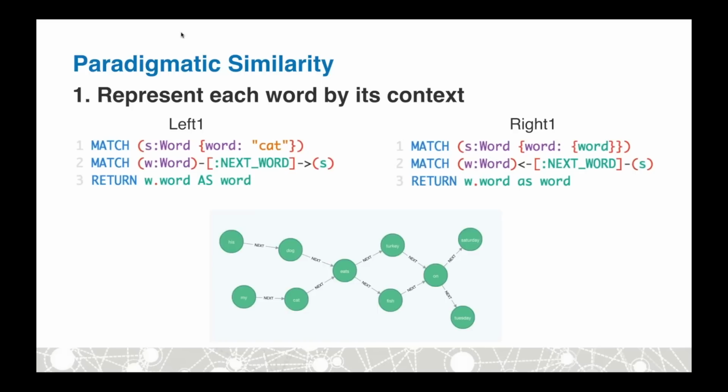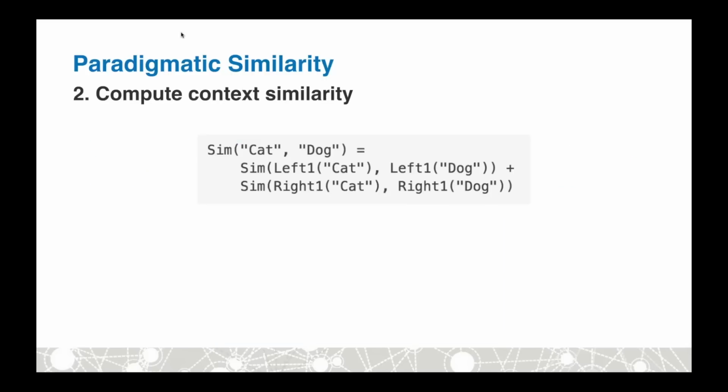And similarly for right one, we just basically reverse the pattern that we're defining. So these two Cypher functions will return a set of words that allow us to define the context for a given word. Okay, so that was step one.